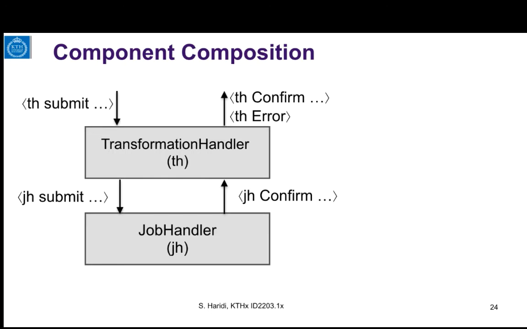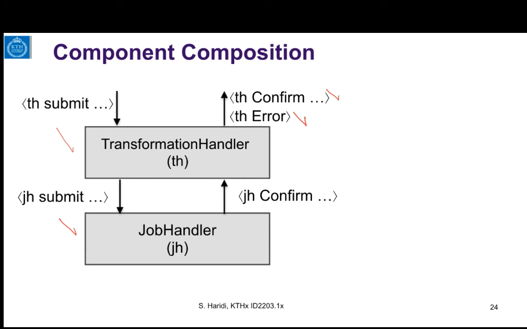So here is our component that we've just described. We can think of another component here called transformation handler. Now, transformation handler accepts a submit event, but it can produce either confirmation that the job has been or eventually will be processed, or it can produce an error. What the transformation handler does when it gets a submit event is check the job first, and see if it can be processed or not.